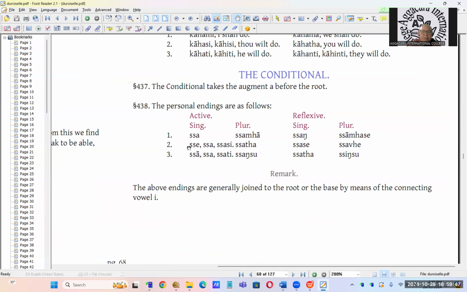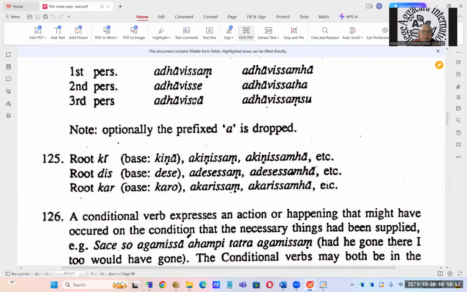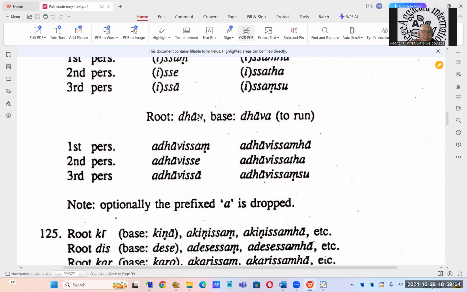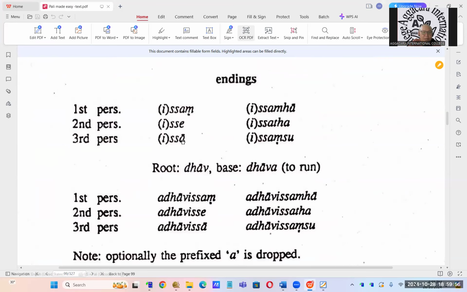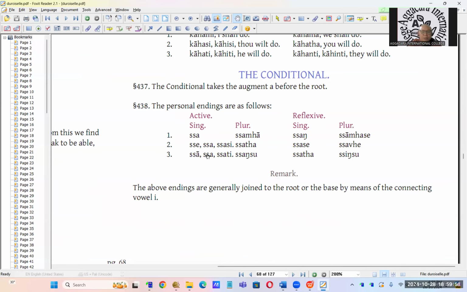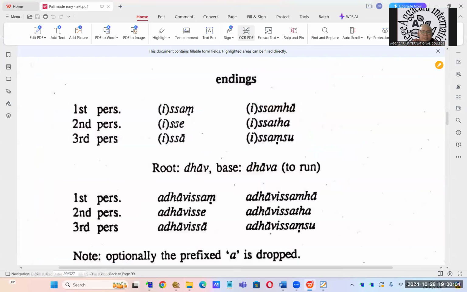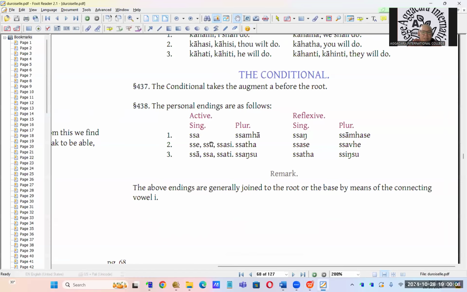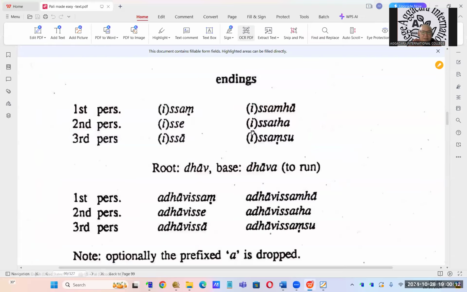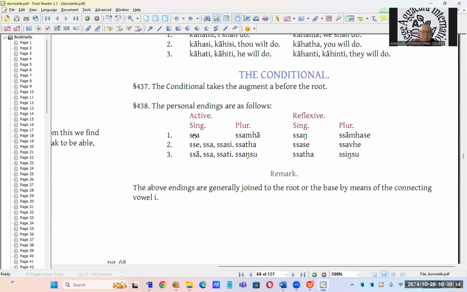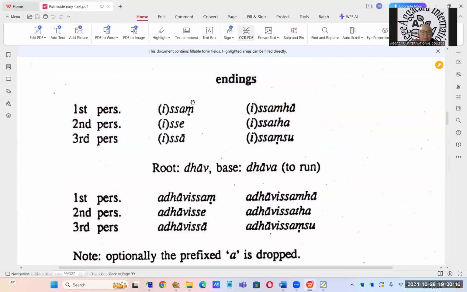Here it shows long a: kamisa. But according to Duroiselle, it can be short a also. Kamisa, or kamisati, put a t. Kamisamsu. Here is kamise, second person singular. Here is kamise, kamisa, kamisasi, kamisata, kamisamta. Here kamisa, here is kamisam.